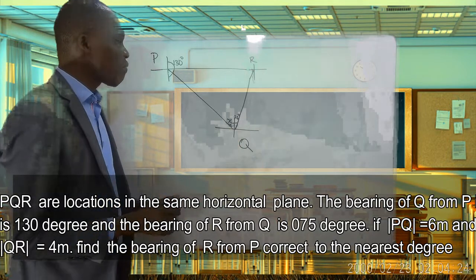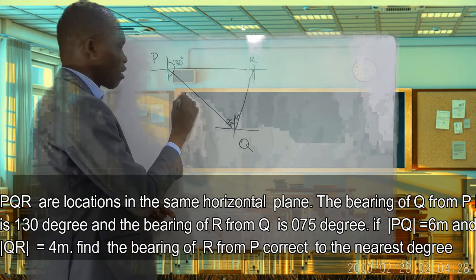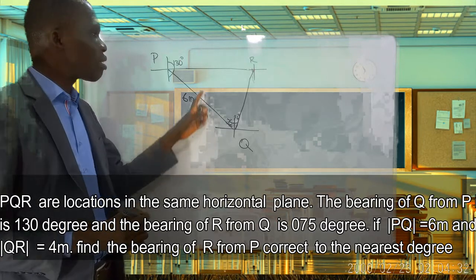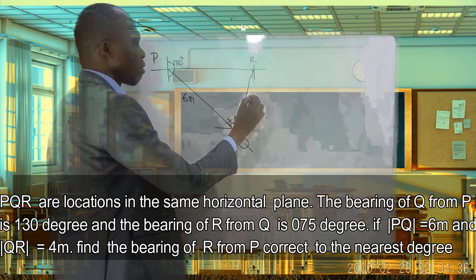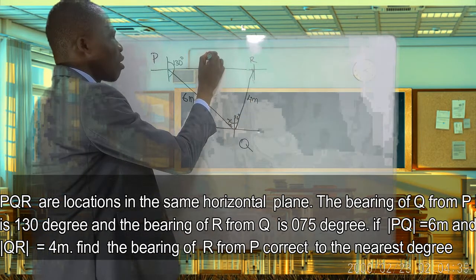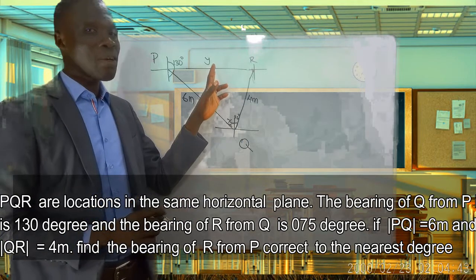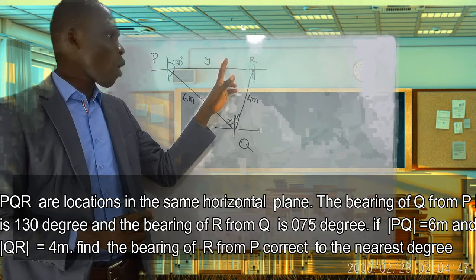Now PQ is 6 meters, and not only that, we have QR to be 4 meters. Now PR is not known, and we want to find PR. Let PR be represented by Y.